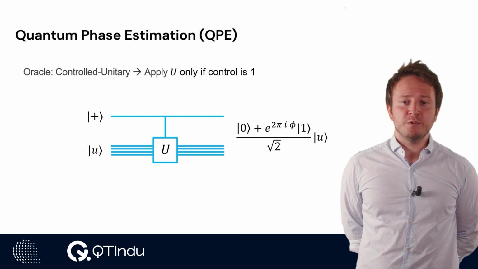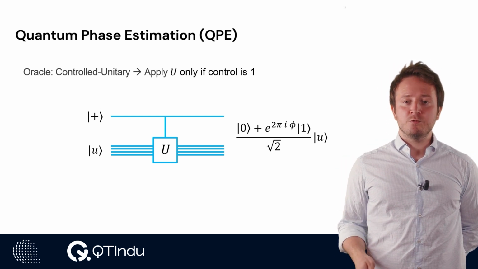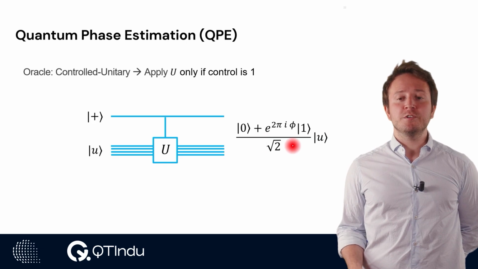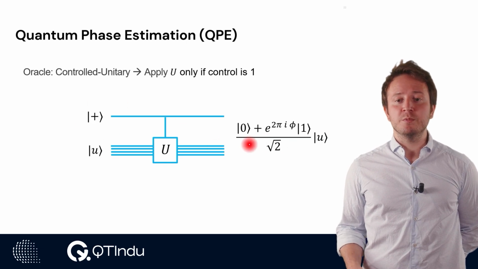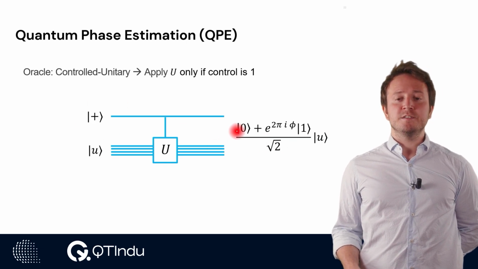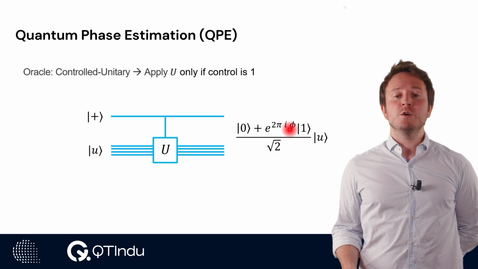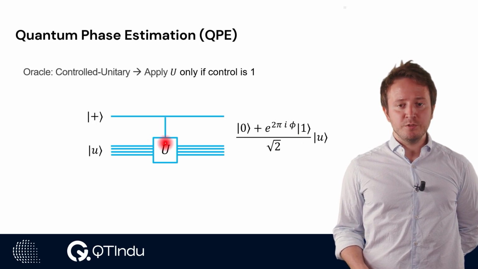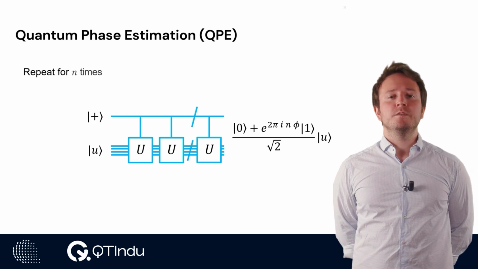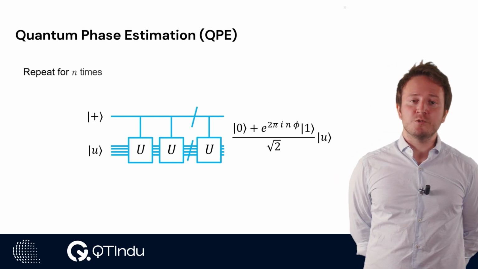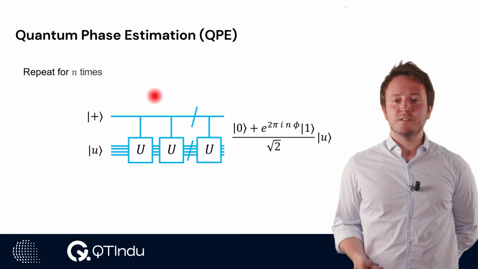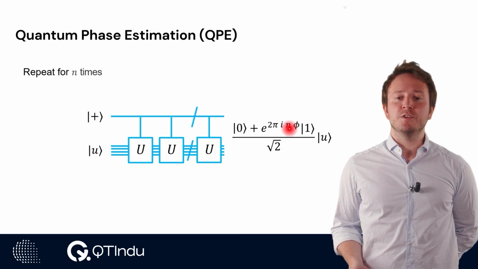When we do this, we see that the output state will be the following state, where we have a coherent superposition of the ancillary qubit between 0 and 1 with a phase that depends on the unitary U. So we can repeat this operation n times, and what happens is that we will have a phase accumulation of n times the phase of the unitary.